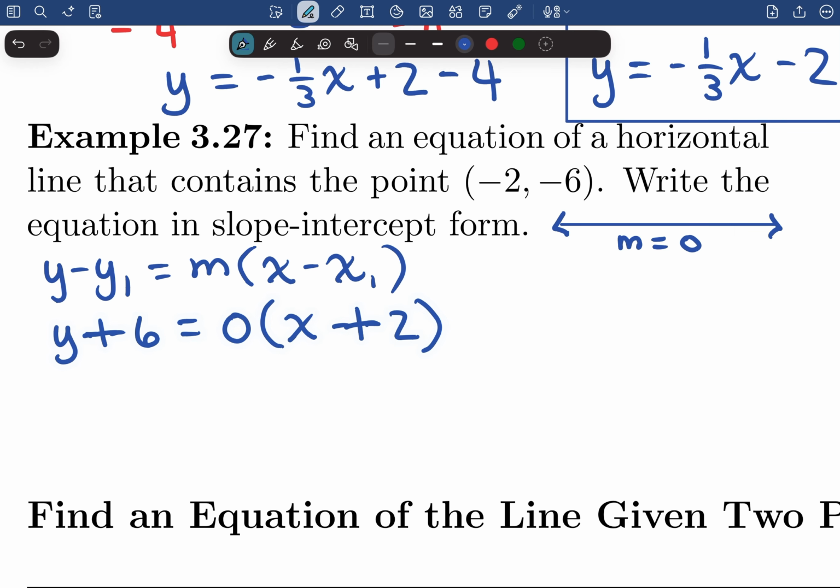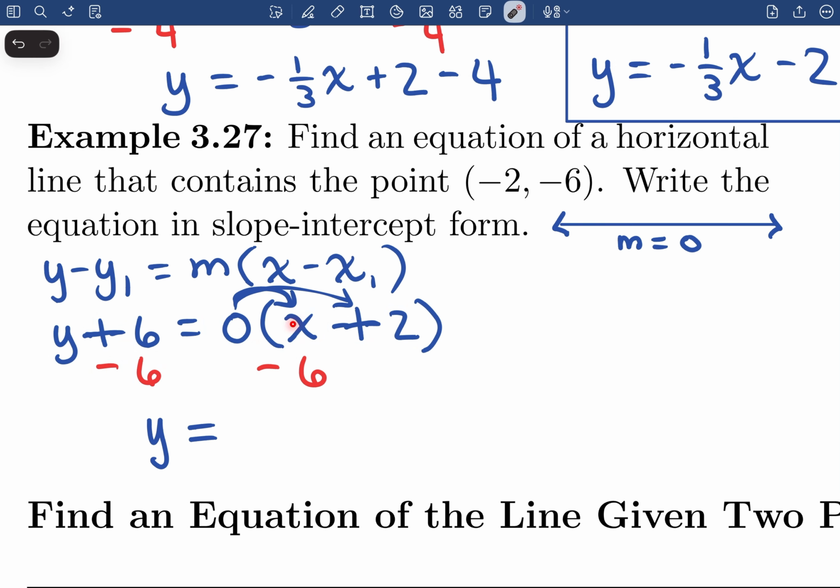Now, I'm going to put this in slope-intercept form. So let's first distribute 0 into both of these terms, okay? And we're also going to, in the process, subtract 6 from the left side to the right-hand side of the equation. So now I get y all alone, y equals, well, 0 times x is 0.